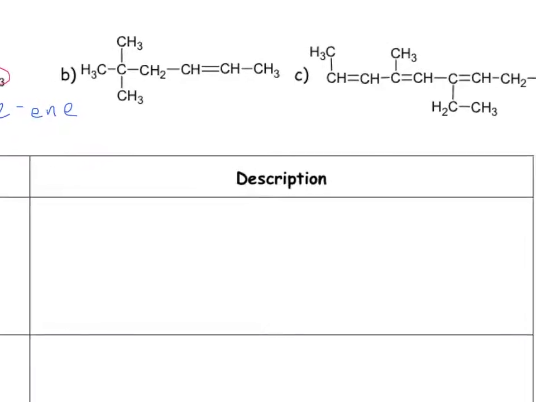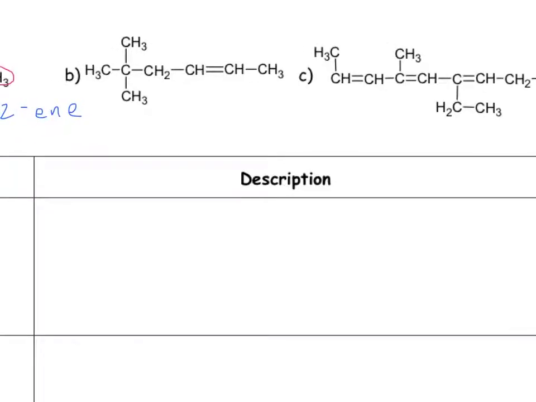For the next example, B, my longest chain is going to be the carbons going straight across the page. 6, so that gives me the root hex. And I have a double bond, so it's going to be a hexene. Now I got to figure out where that double bond is. If I number from this direction, my double bond is going to get a lower number. So it's going to be a hex-2-ene.